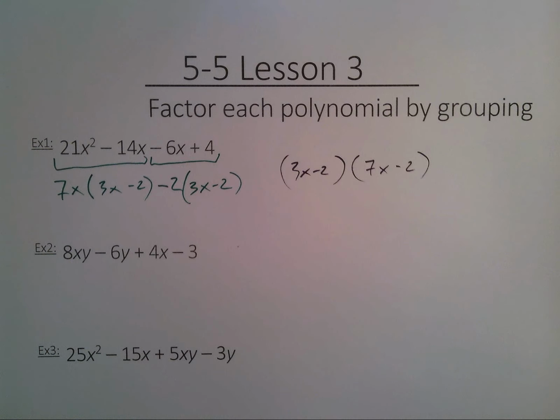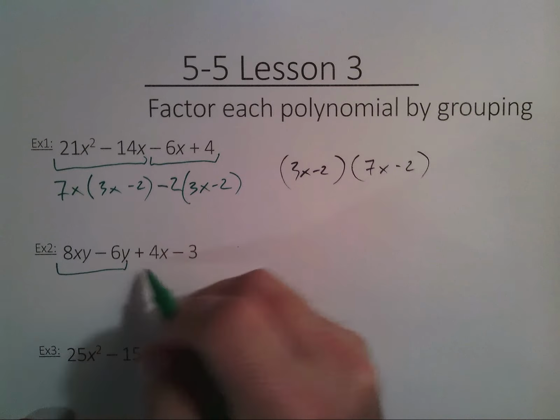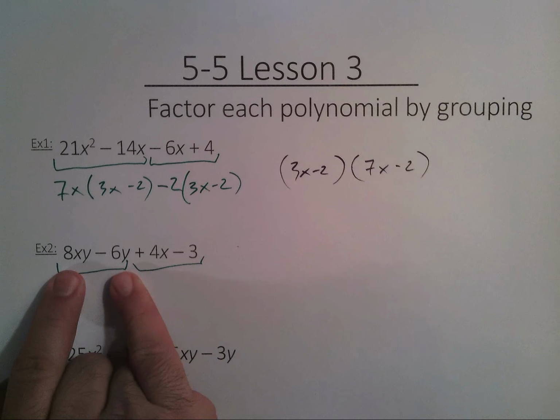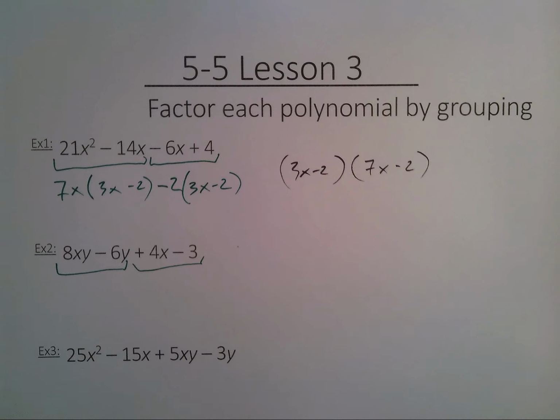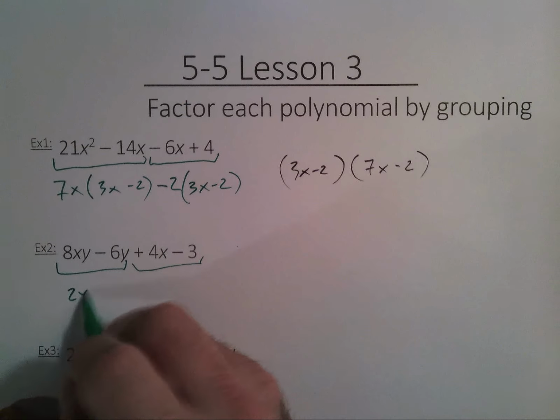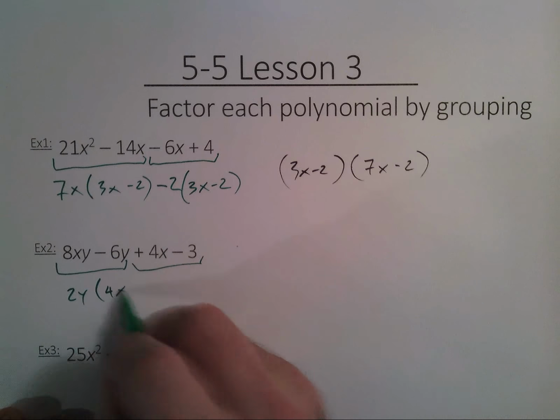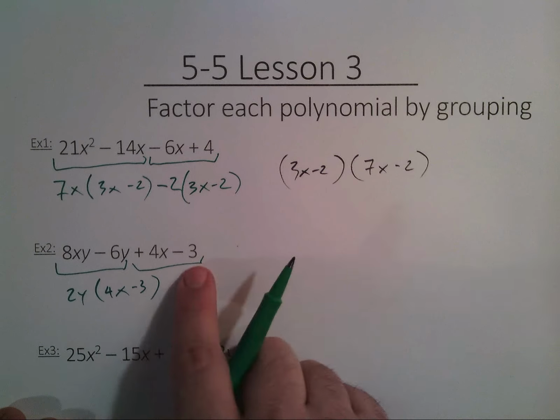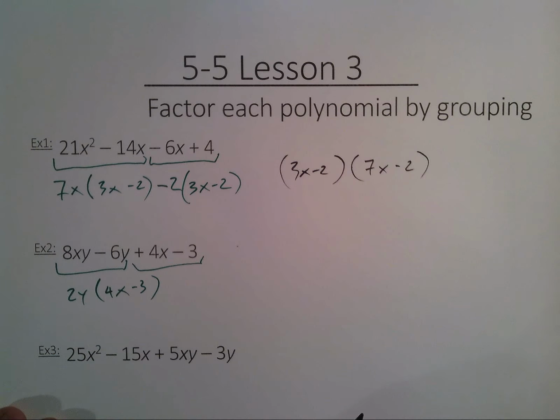I have 4 terms. With 4 terms, I'm going to factor by grouping. What's common to both of these, 8xy minus 6y? What's common is 2 and y. So I take out 2y and I leave behind 4x minus 3. What's common to 4x and negative 3? Nothing. Their greatest common factor is 1.